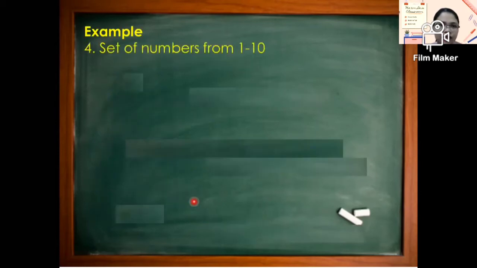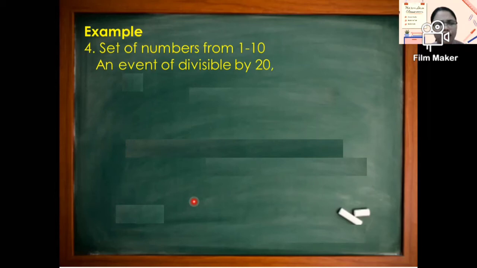Let's have another example, number 4. Set of numbers from 1 to 10, an event of divisible by 20. Pag gumawa ba tayo ng sample space of numbers from 1 to 10, meron ba tayong event of divisible by 20? So, ang ating event ngayon ay empty set.